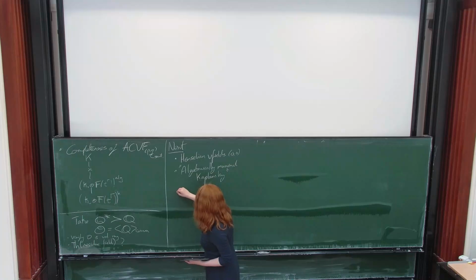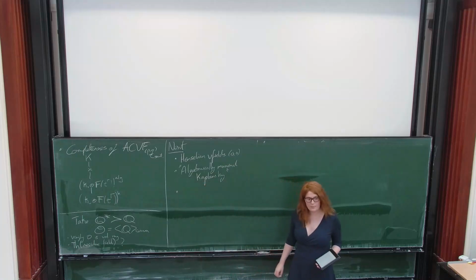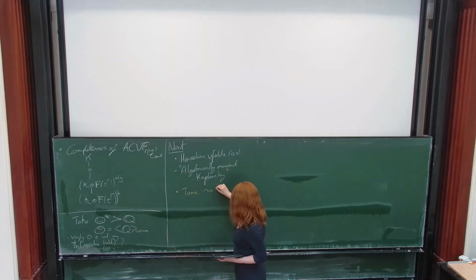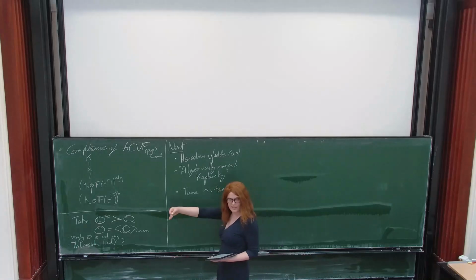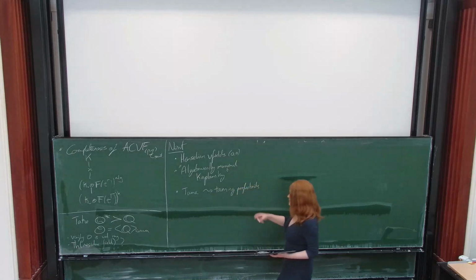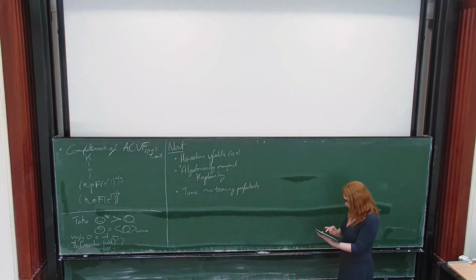And then tomorrow, I'll get to talking about tame valued fields and towards tame perfectoid fields, just hinting at that a little bit. I'm not going to get really deep into that topic. Jahnke and Kartas.